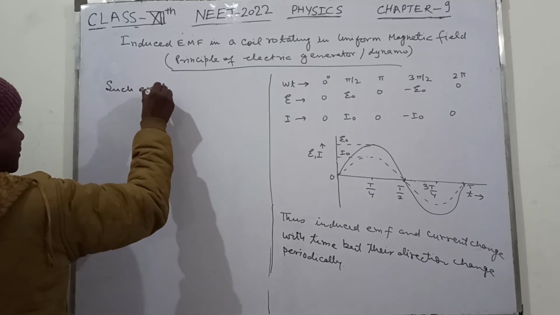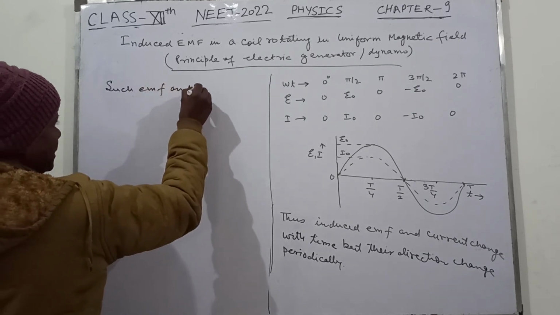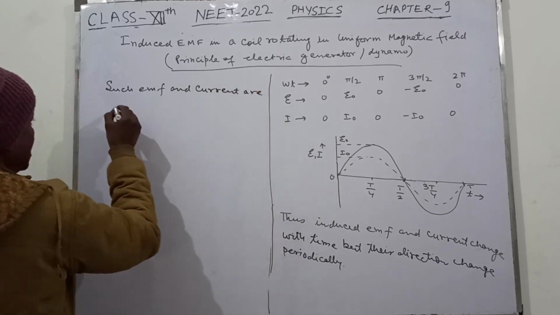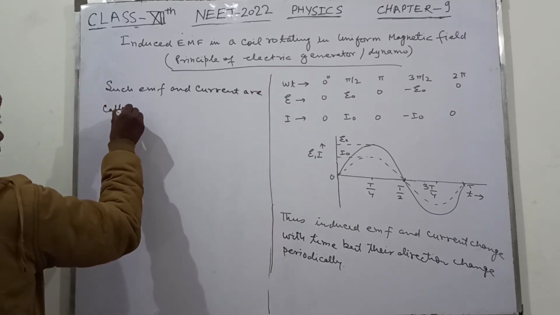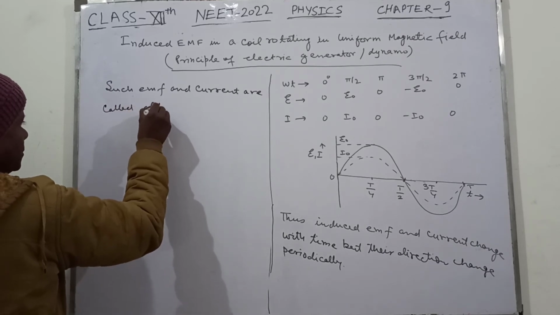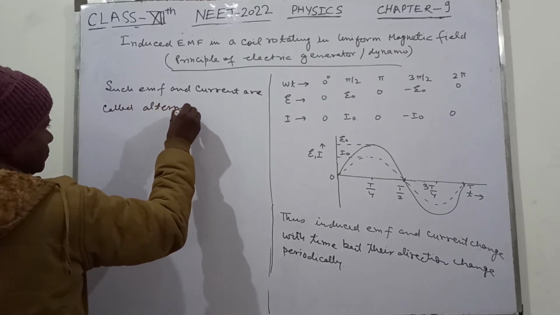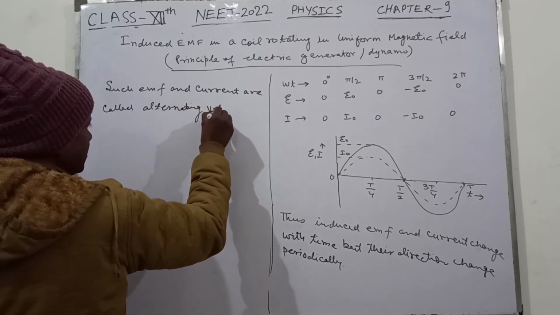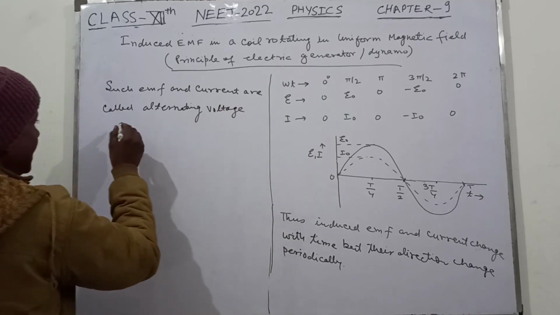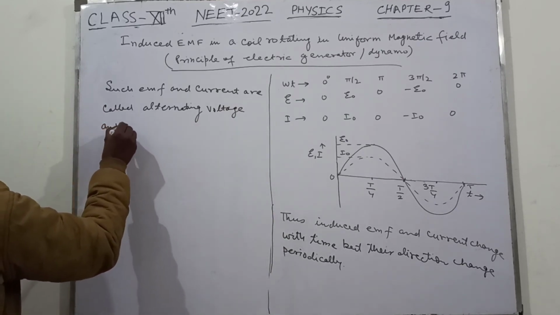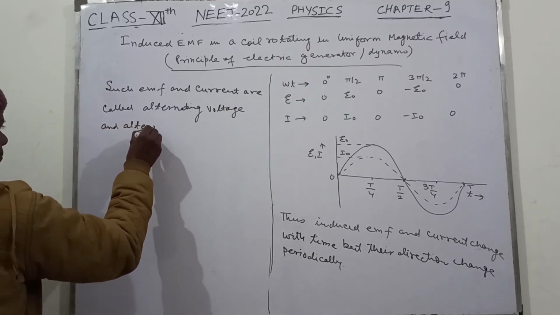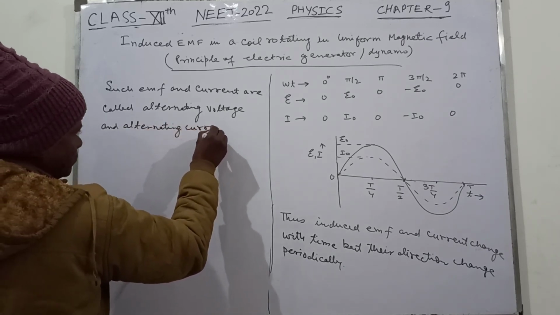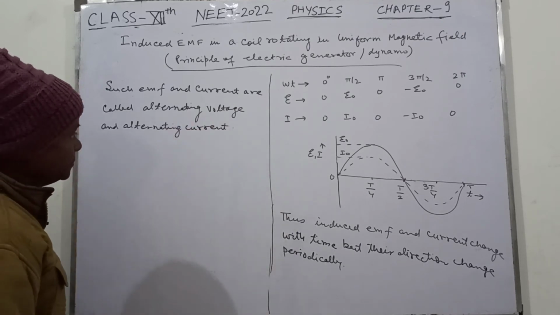Such EMF and current are called alternating voltage and alternating currents.